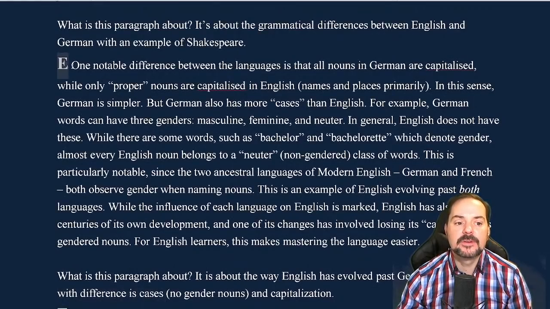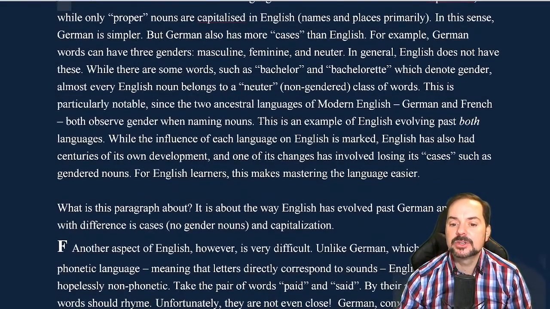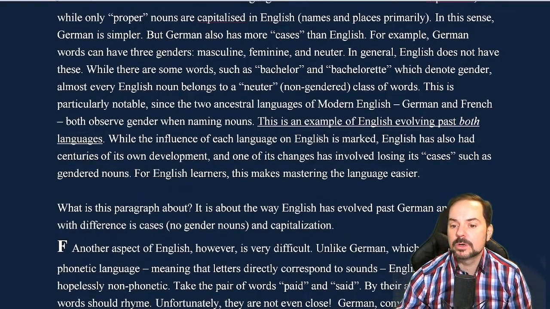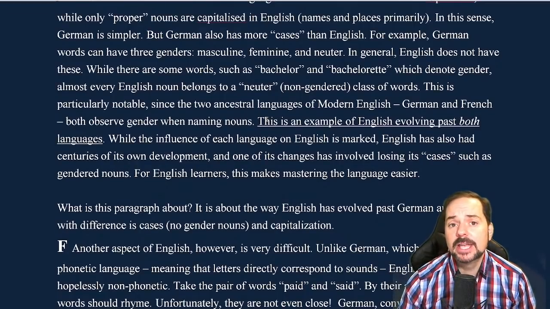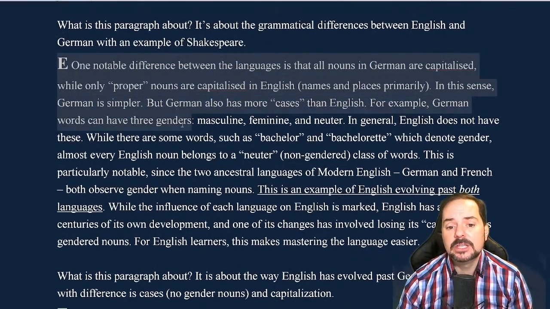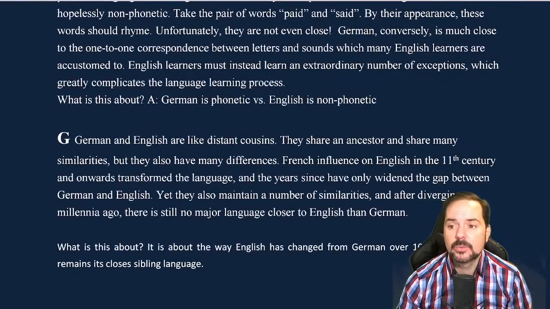So this is from paragraph E, okay? And here's the answer to this sentence. This is an example of English evolving past both languages. And notice how we don't have any of those words, so you really can't skim or scan for this. If you were trying skimming or scanning, you would have had to get all the way to paragraph E to even get the chance to answer this correctly.